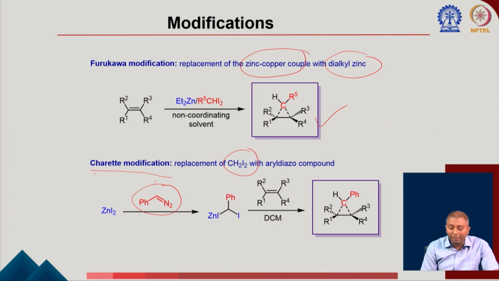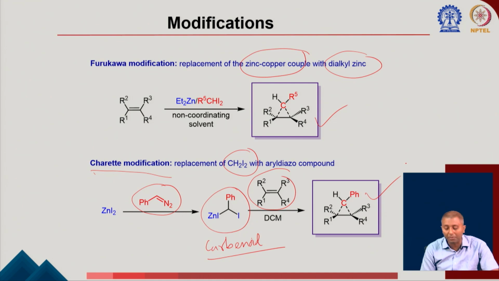This aryl diazo compound can go for diazo decomposition, and after reacting with zinc iodide, they can form the corresponding carbenoid. As you know, I am going to discuss carbenoids in later slides: it's a carbon which has 4 different groups, one of them a metal, and one of them a leaving group. Okay. So this carbenoid can now react with the olefin to form the corresponding cyclopropane.